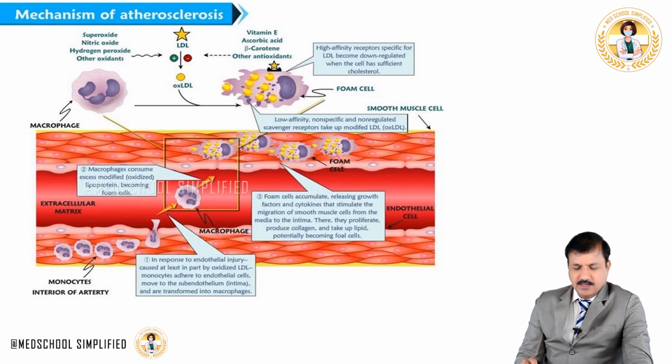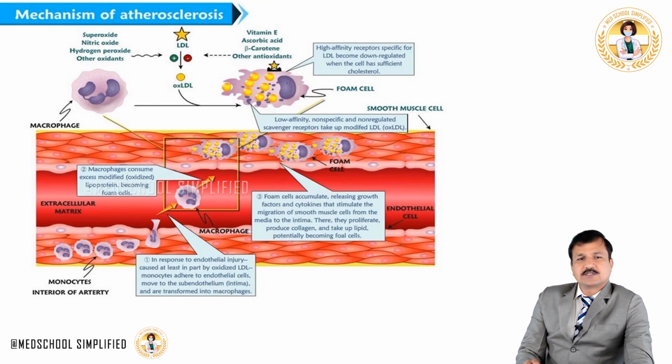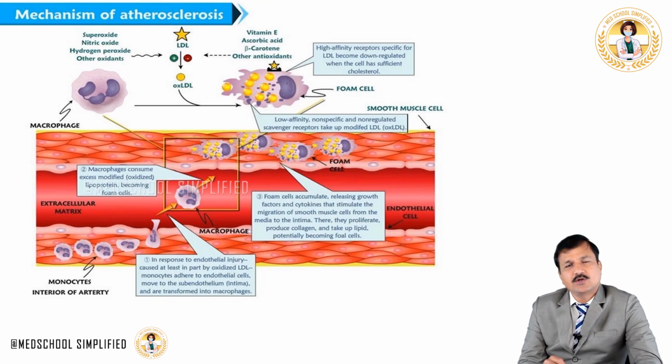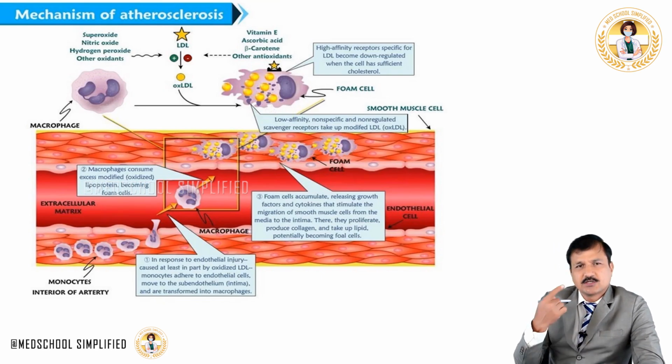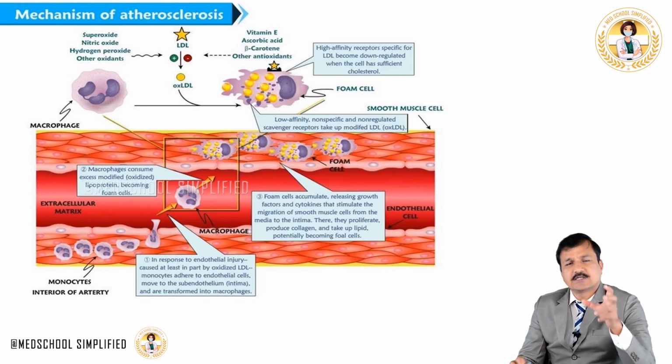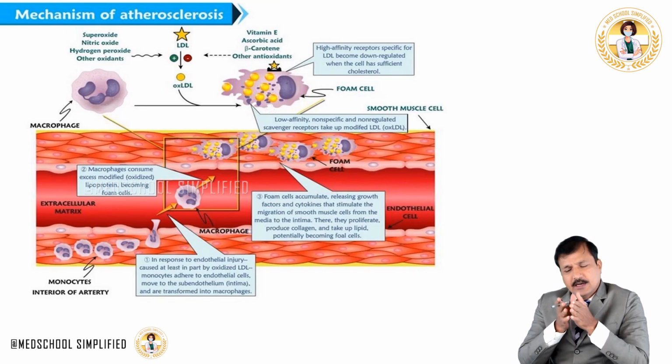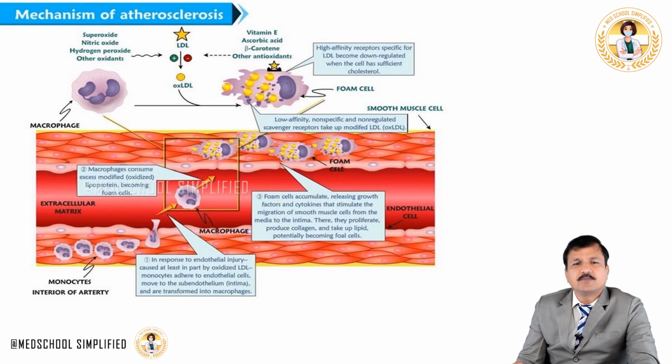As you see in the lumen of the blood vessel, there is presence of oxidized LDL. So it is going to cause injury to the endothelial membrane, because oxidized LDL is an unstable molecule, and thereby it gains access into the subintimal space.